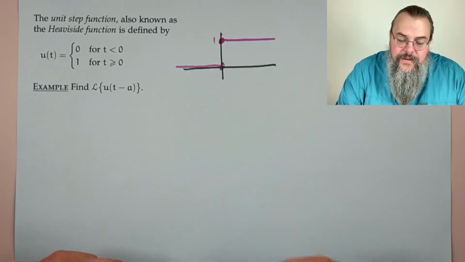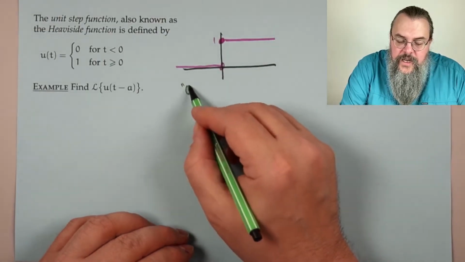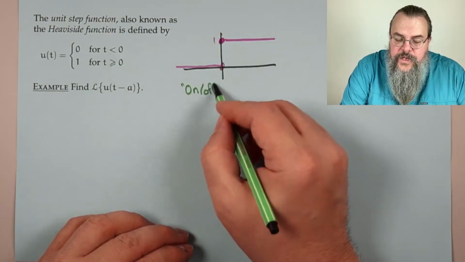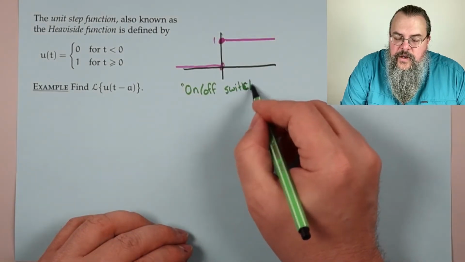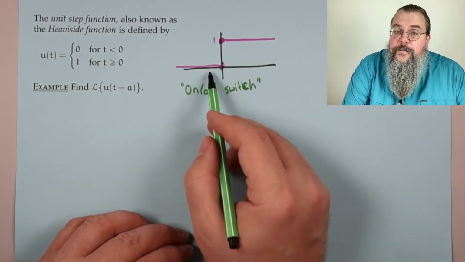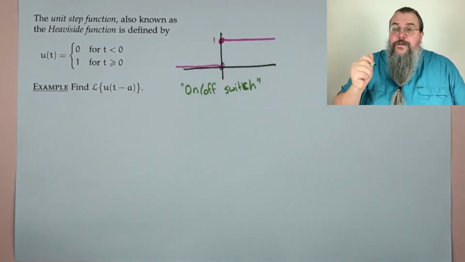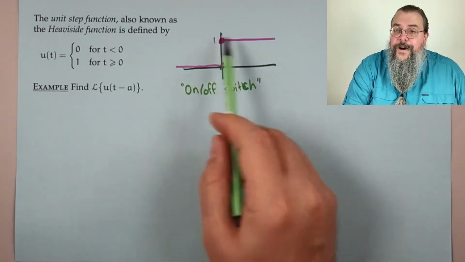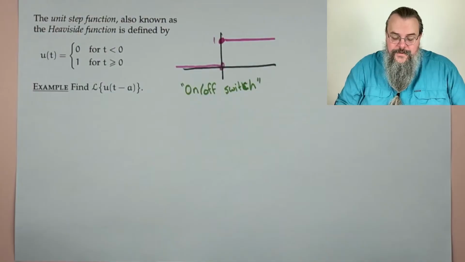Well, the thing that makes this function really good for us is we're going to think of this function as an on-off switch. So you say, well, look, 0 is off, 1 is on. And so we're going from off to on. And so that's why I like to call it an on-off switch.